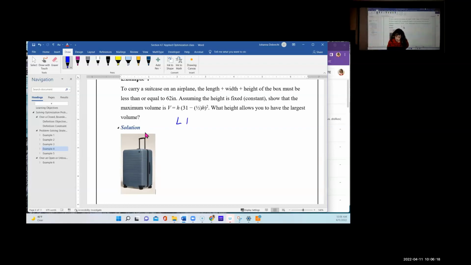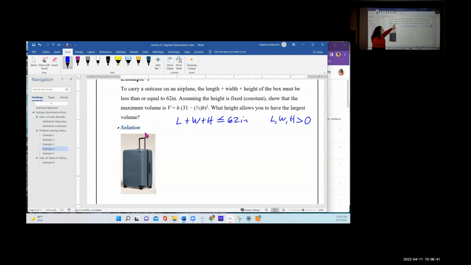That should be written down. Note also that length, width, and height have to be strictly greater than 0 or you have a degenerate box, right? A flat box, and that won't hold anything. Not that you can get a lot into a suitcase to carry on a plane, but still.